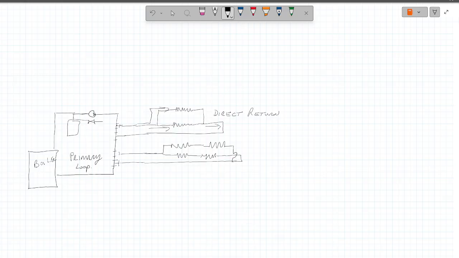So, first in, first out is a reverse return. First in, last out is a direct return. So what happens on this one, think about this. Let's say we dump 170 degree water here as an average. This one will dump 165 degree water.